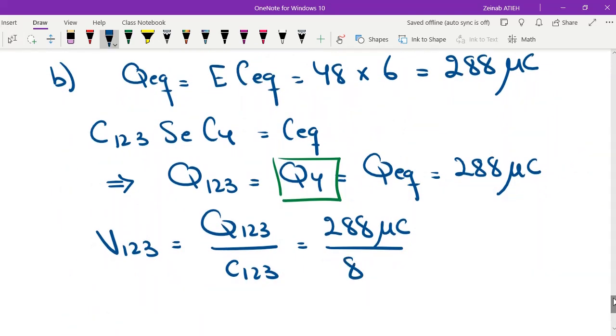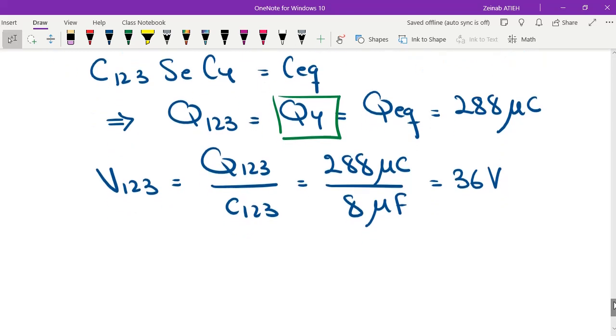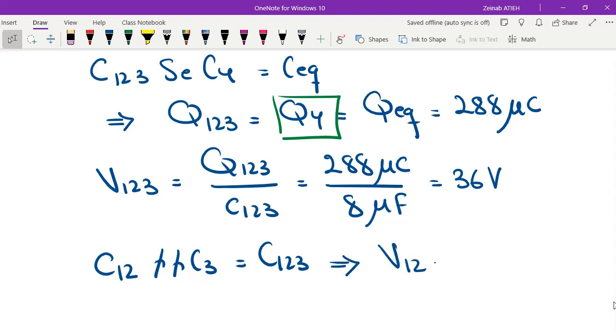Over 8 microfarad, this will give me 36 volts. Okay, I found V1 2 3. Now who was in place of C equivalent? I had C12 in parallel with C3, which gave me C1 2 3. When they are in parallel, they have the same voltage. So V12 is equal to V3, which is equal to V123. It is surely equal to 36 volts.